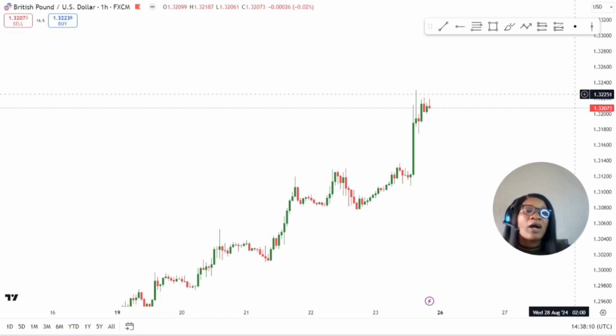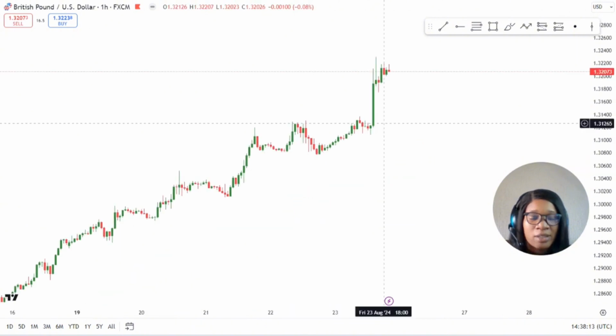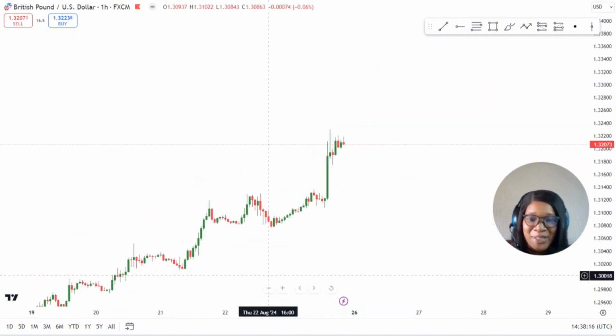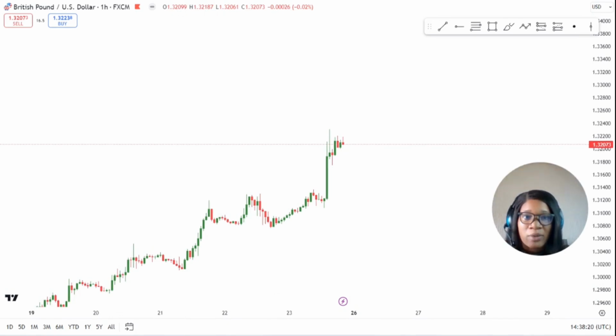Now, let's go for this very big candlestick right here. This chart, by the way, is on a 1 hour time frame.